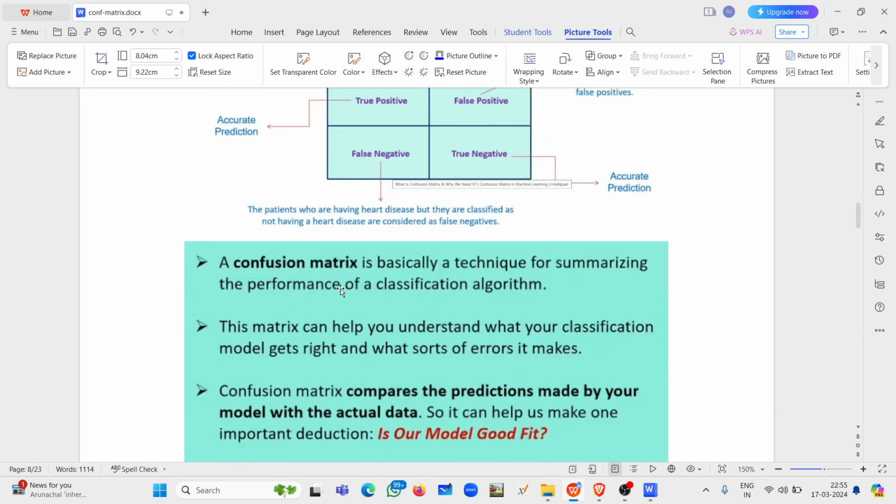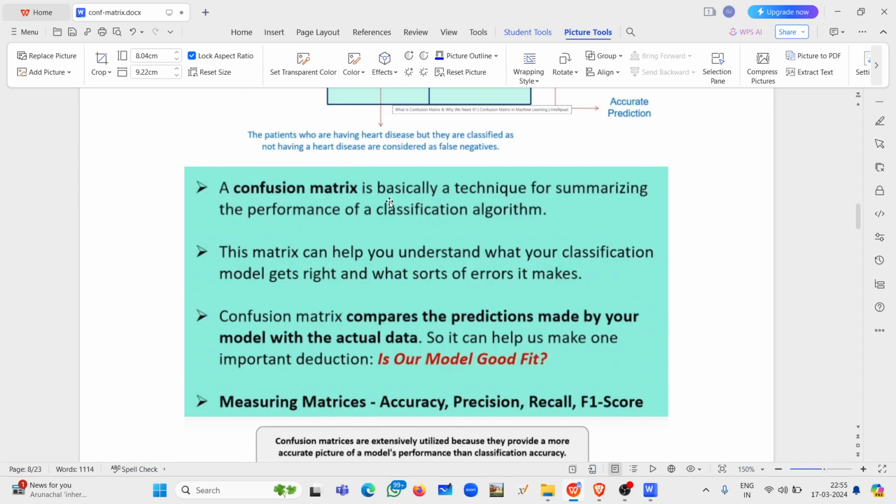So from this we summarize that a confusion matrix is basically a technique for summarizing the performance of a classification algorithm. In supervised learning we said one is regression, the second one is classification. So in classification we will mainly go for this confusion matrix. This is a technique used for summarizing the performance, right? Is it clear?